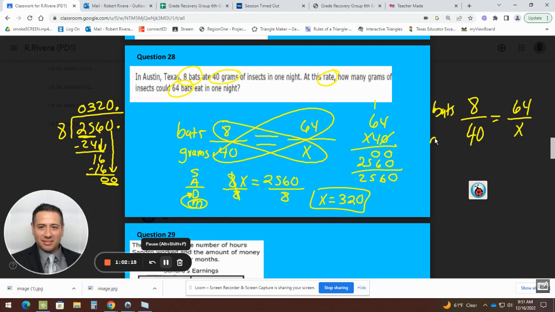This is option 2. Option 2 is like elementary. Can the 8 become a 64? 8 times what? 8. 8 times 8 is 64. What you do on the top, you do on the bottom. 40 times 8.